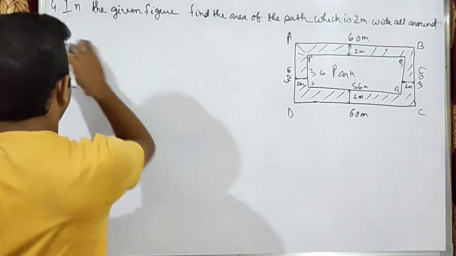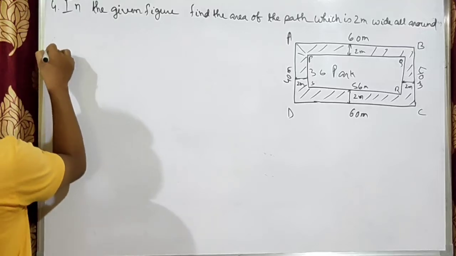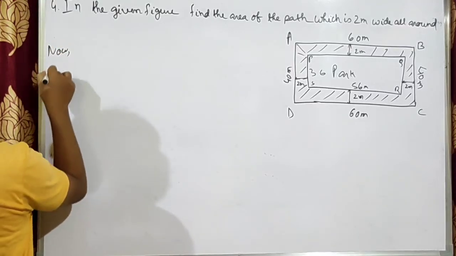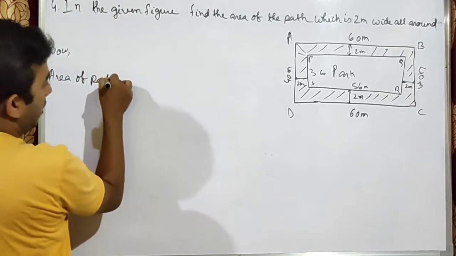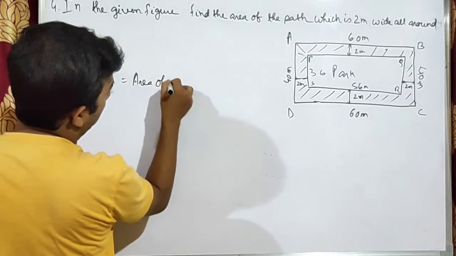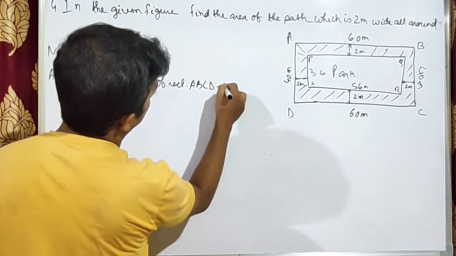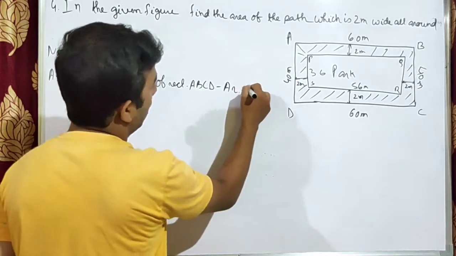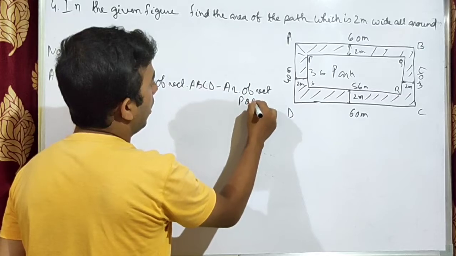Or we can directly write, area of path equals area of rectangle ABCD minus area of rectangle PQRS.